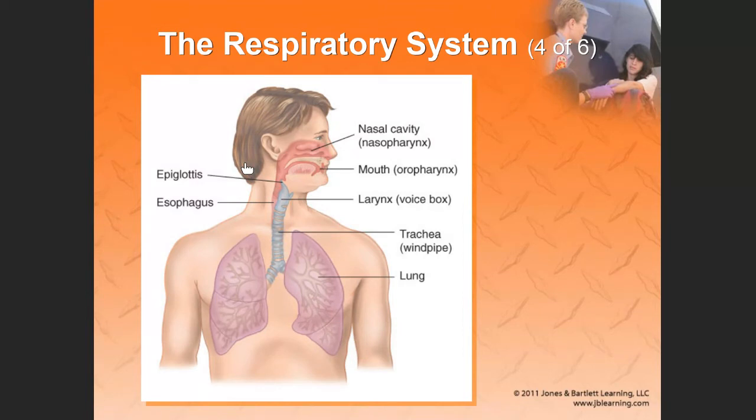The trachea or windpipe is anterior. Then you have the esophagus, which leads to the stomach, which is posterior. So these are the structures that we need to be familiar with.